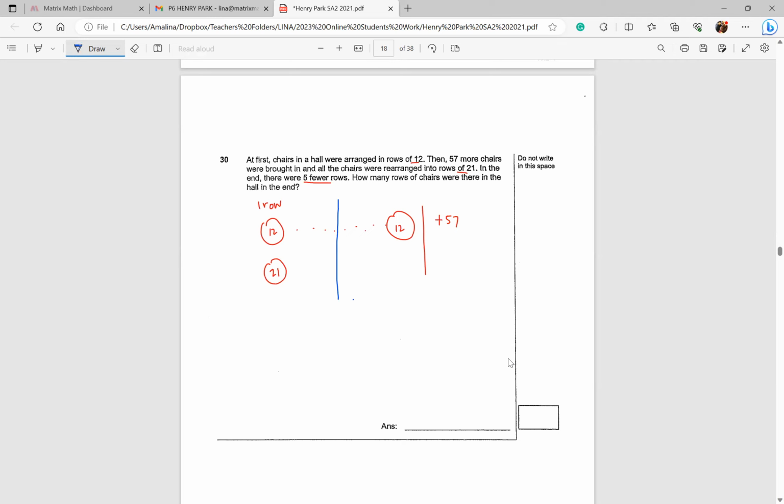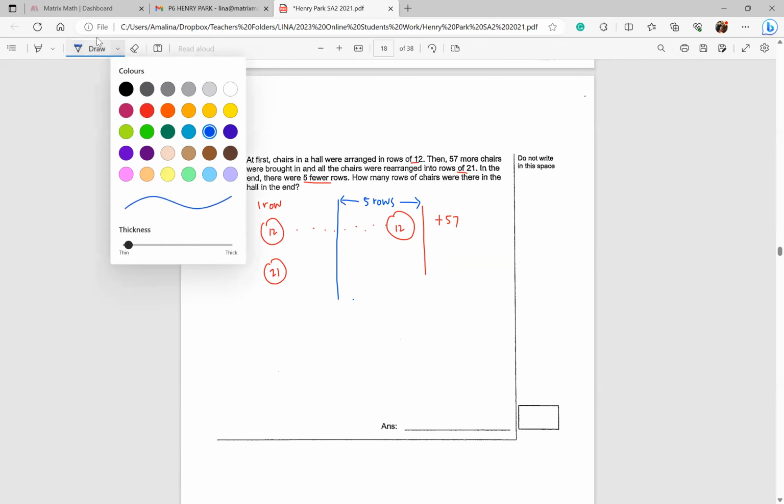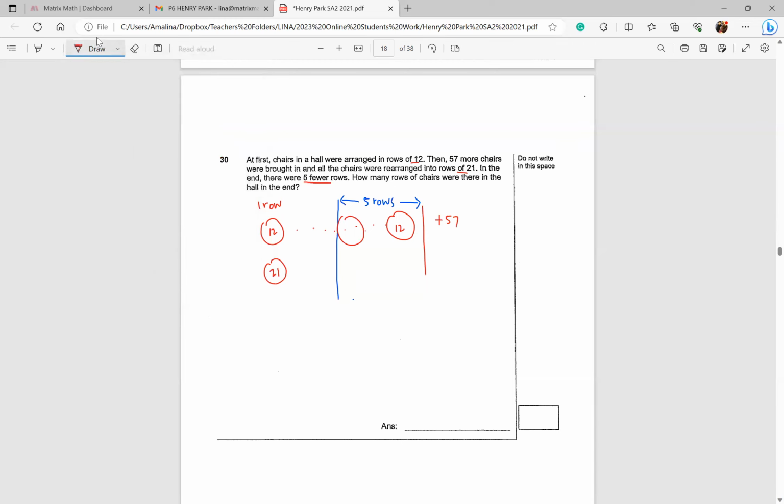So this part here is my 5 rows of 12 chairs. You can draw in your circles. And then this is your 21. Okay, so it should look something like this.